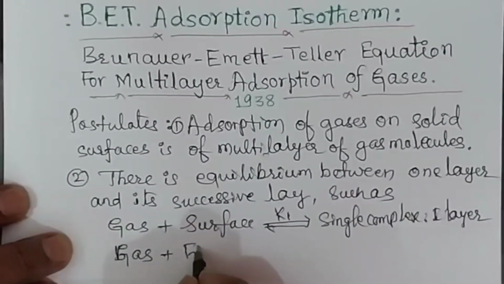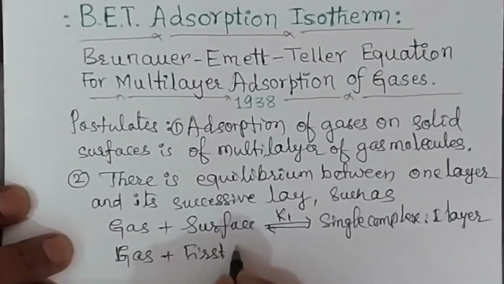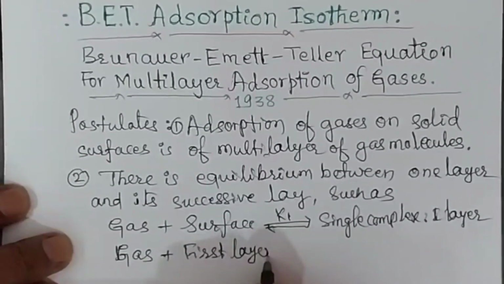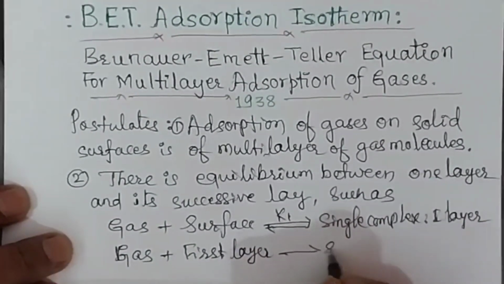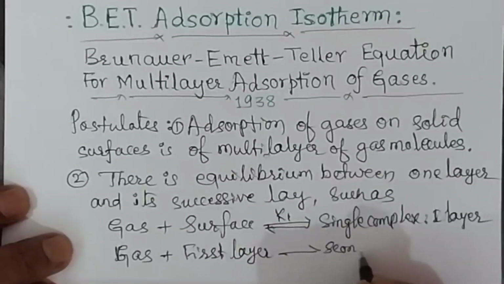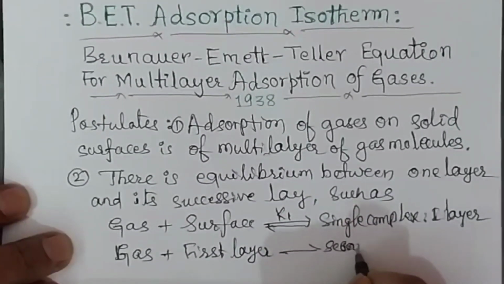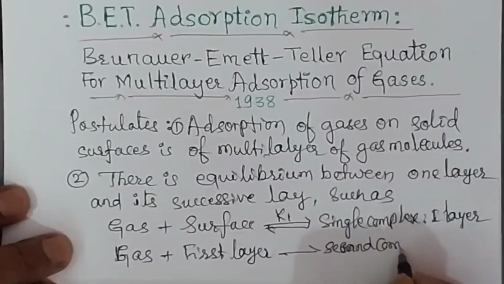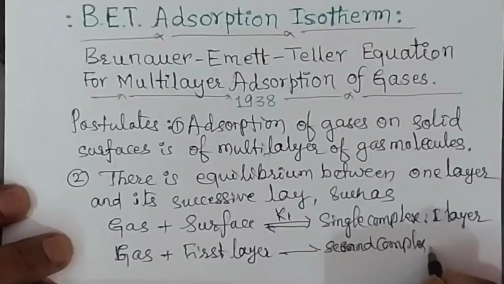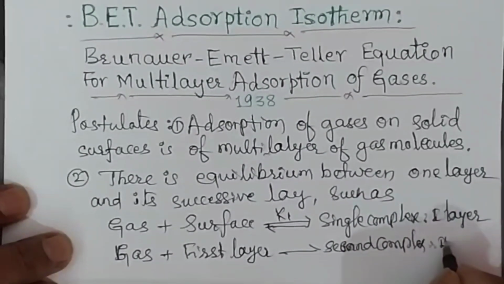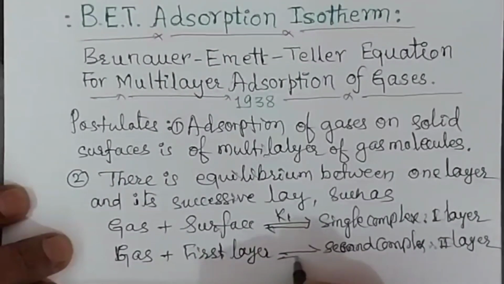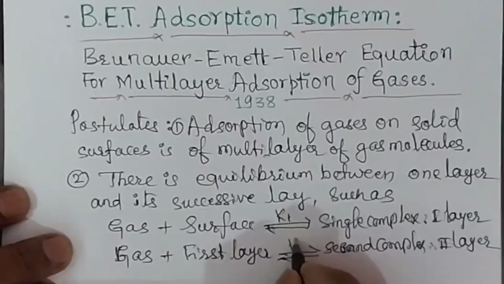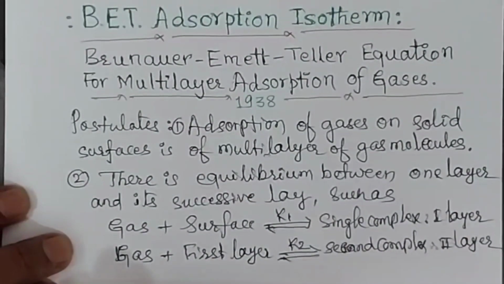Then another molecule of a gas adsorbs on the first layer and forms the second complex or second layer, with equilibrium constant K2.